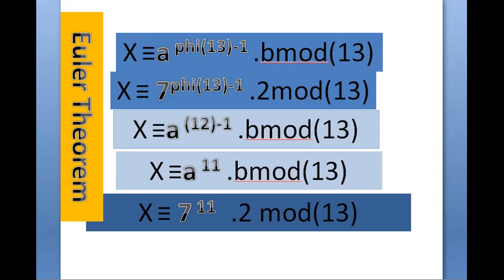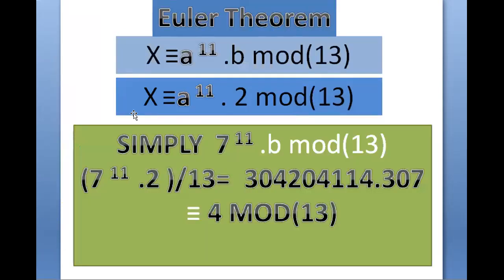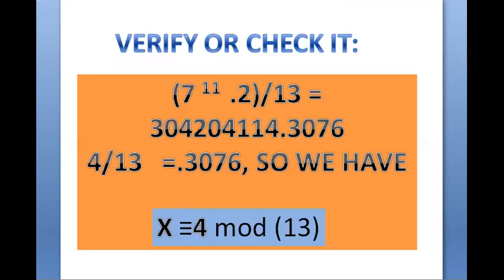Then minus 1 again, we get a power 11. So x equals 7^11 times 2. We simplify the value, and we get an integer part and then 0.307. So the remainder is 4. You can check it: 4 over 13 is 0.3076. So its remainder is 4.